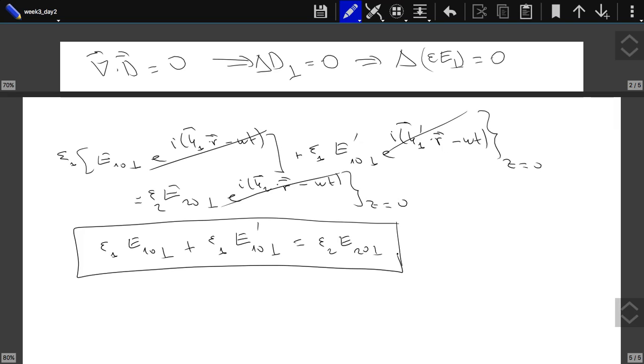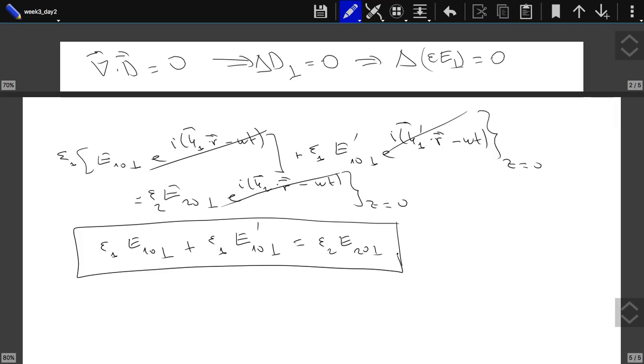Well, let's also see how many unknowns we have. We know that once we determine the electric field, we know the B field. So the B field is not an unknown. We don't know the electric field of the reflected wave. We don't know the electric field of the transmitted wave. The reflected wave has two unknown components, the perpendicular component and the parallel component.